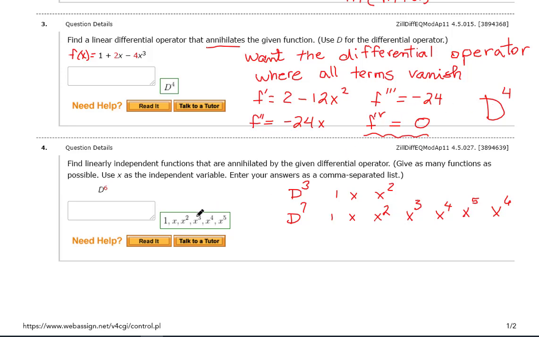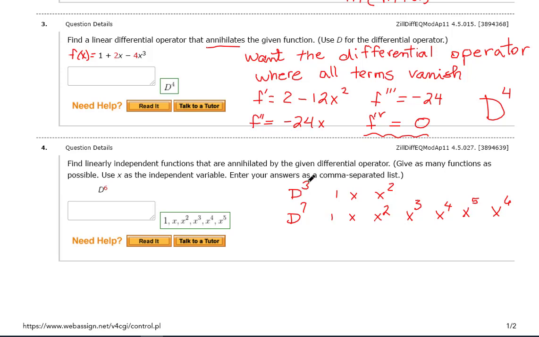Well, what about here? What would D to the 6th do? Well, D to the 6th means it's going to annihilate powers of x^0, x^1, x^2, x^3, x^4, and x^5. So one less than the power on your differential operator.